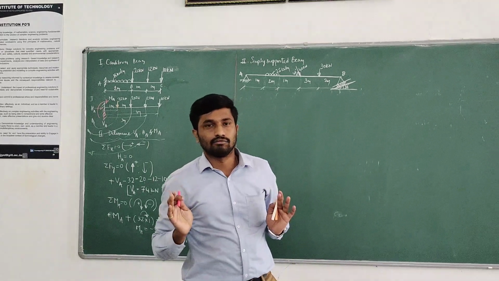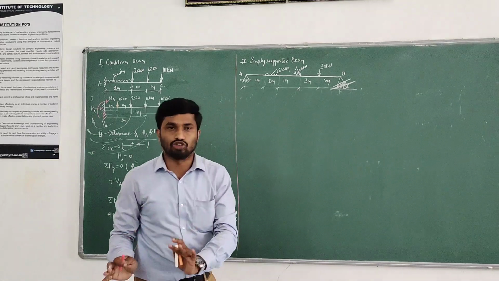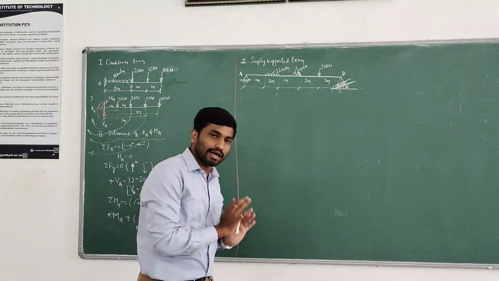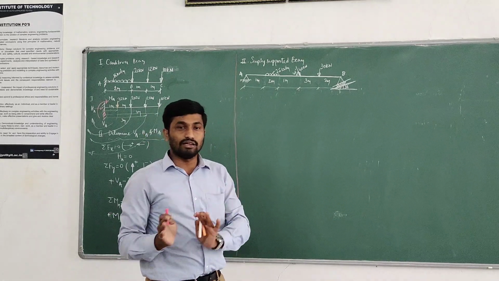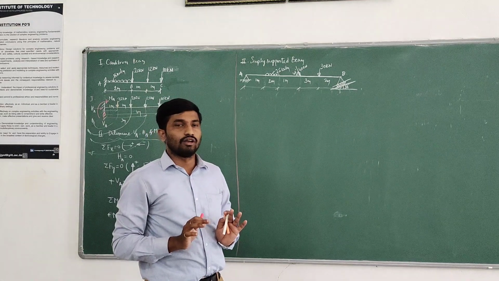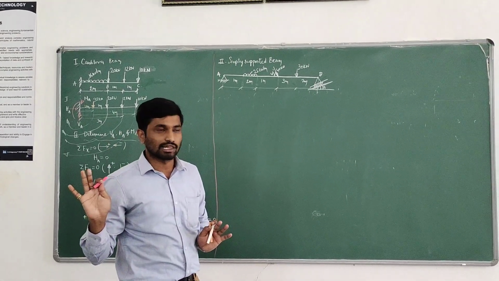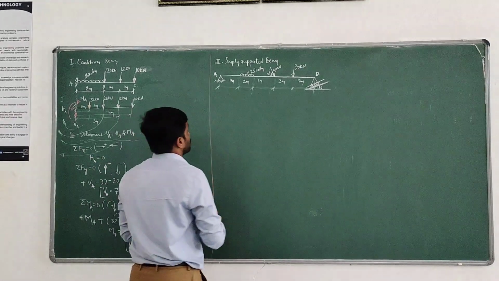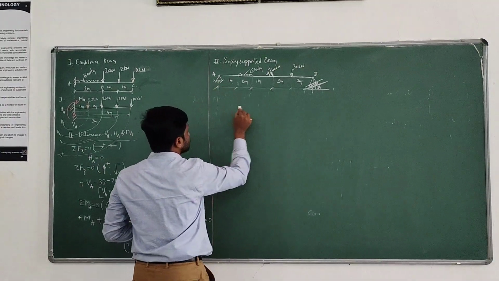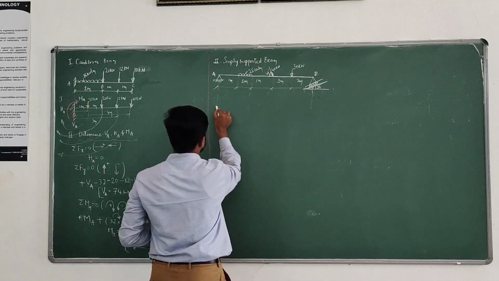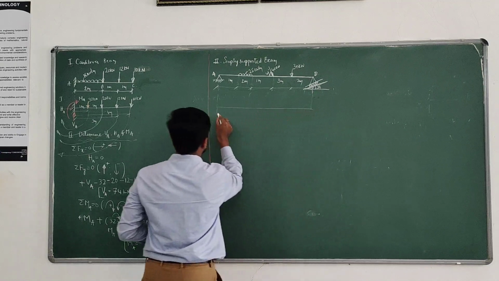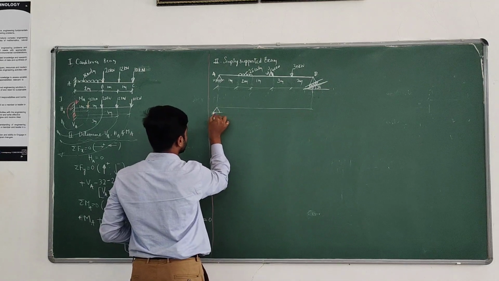While writing the free body diagram, be careful when the support is inclined. So the first step, as usual, is to write the free body diagram. Indicate the support reactions and convert all distributed loads into point loads. Clear? Let us move on to the second problem. Here it is a hinge.